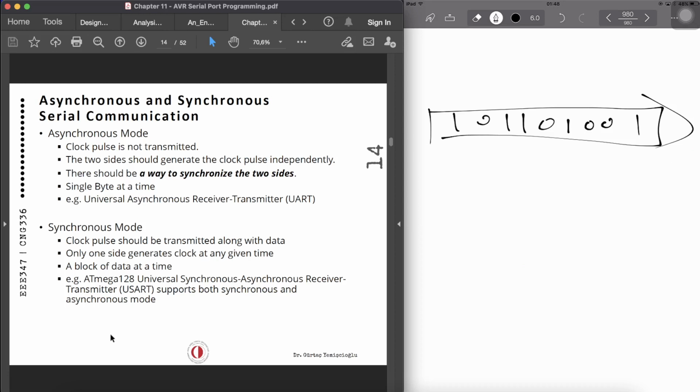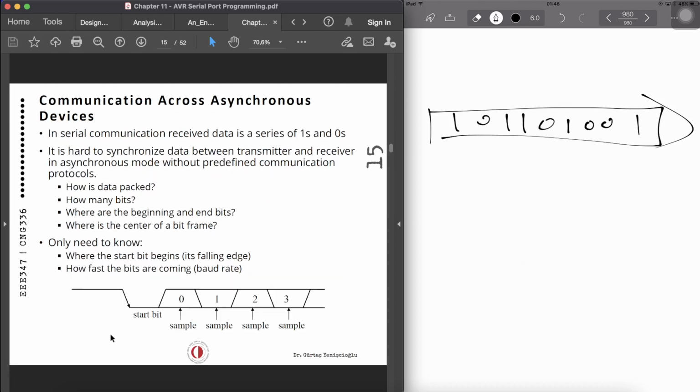We have to specify all of these in asynchronous serial communication. It's hard to synchronize between the transmitter and receiver, but if we have good protocols, like how the data is packed, how many bits, start bits, end bits, the frame, this could be easier.